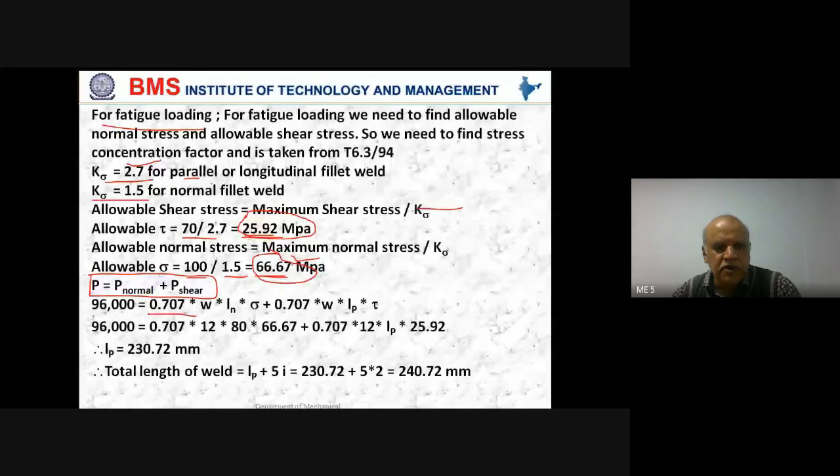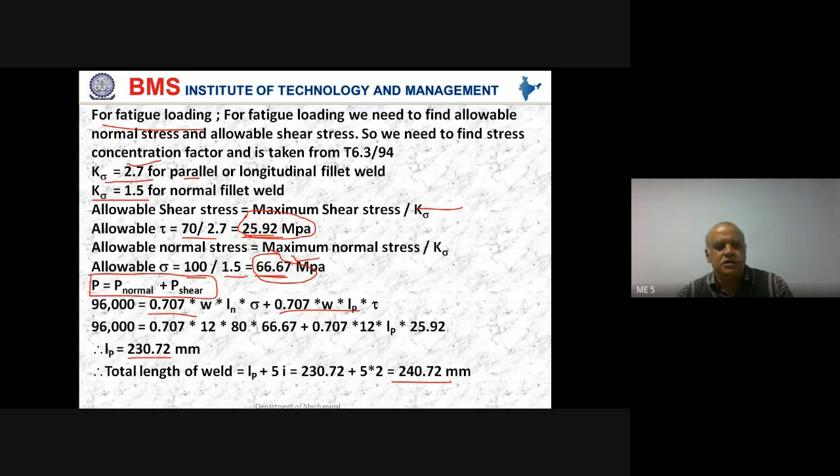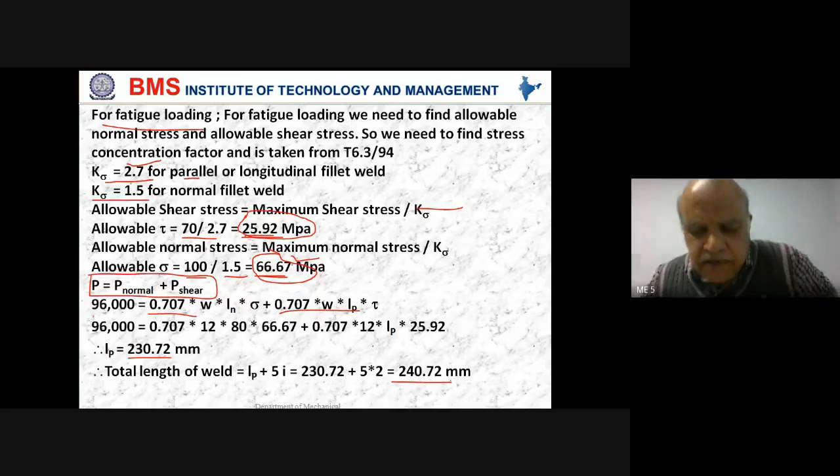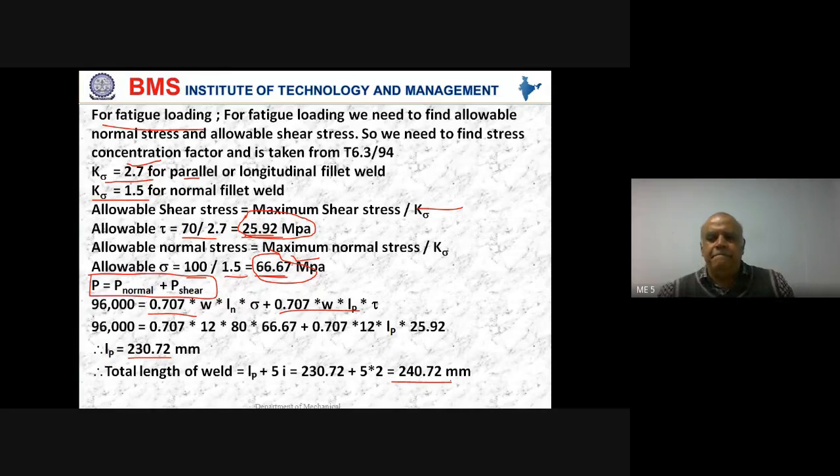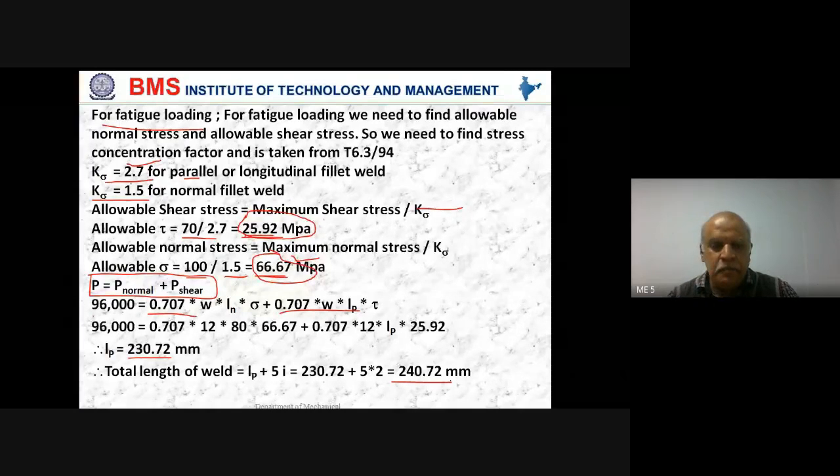So note down the equation for normal and shear stresses, and then get the value of parallel fillet weld length, and find out total length. So please note down this solution. Please note down.